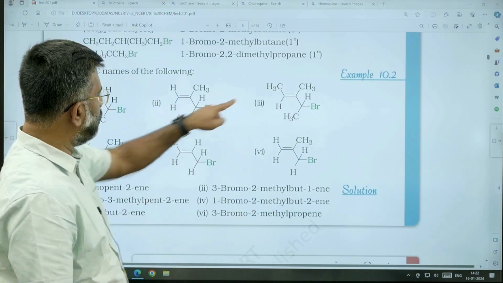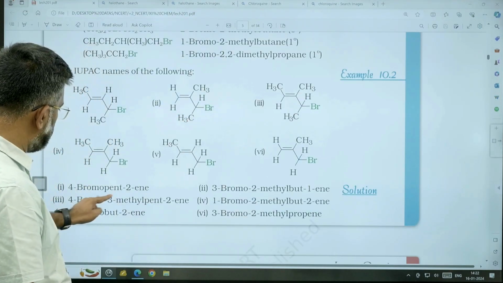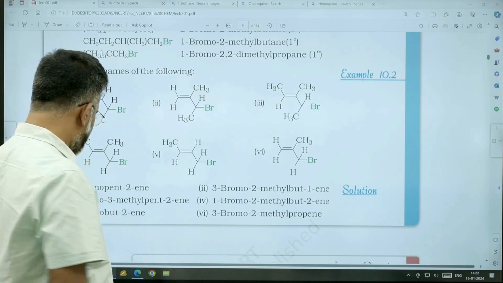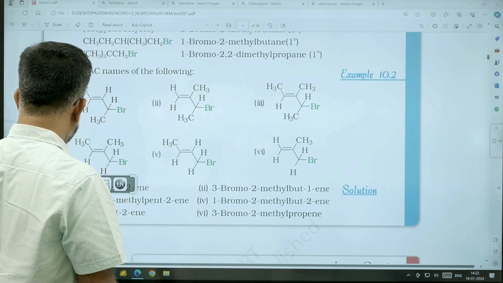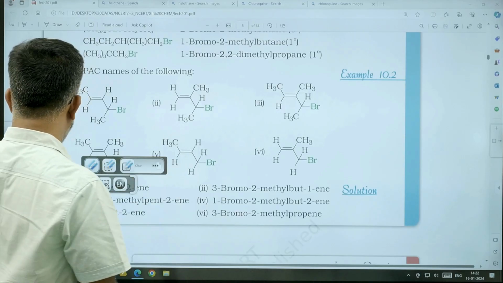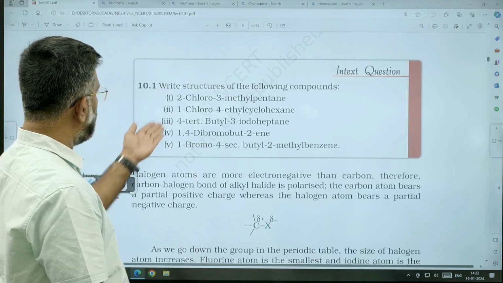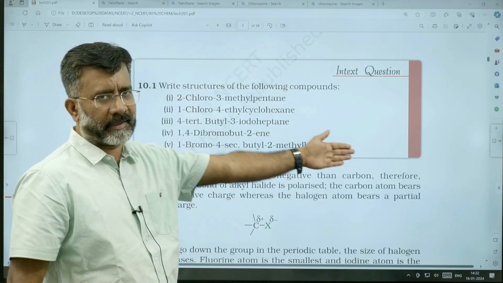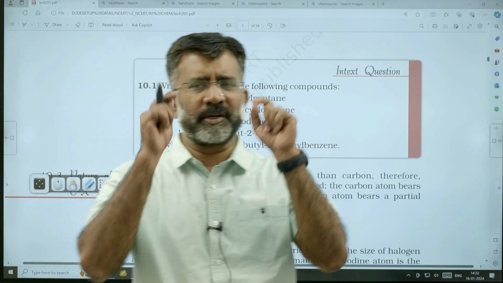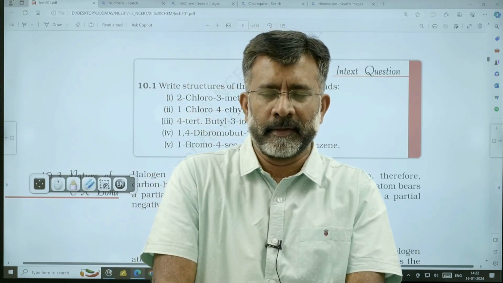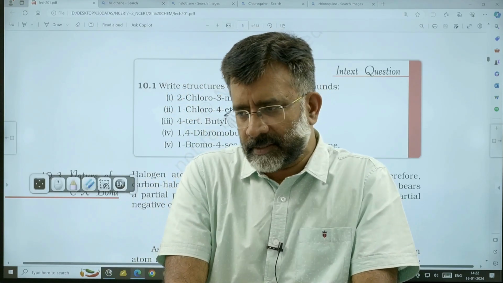Where is the compound? We took the third one, 4-bromo-3-methylpent-2-ene. Practice. That is about the classification of halogen compounds. And you have many more exercises. I would say two-way exercise is essentially required to gain expertise in the nomenclature segment.